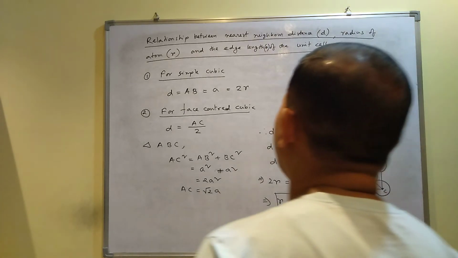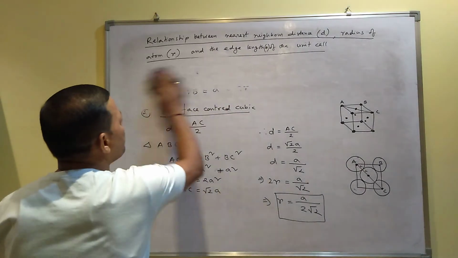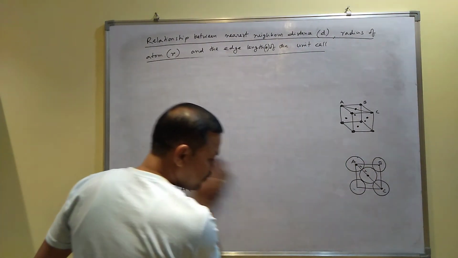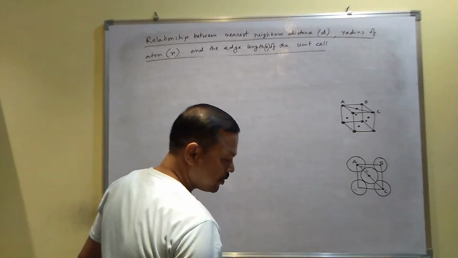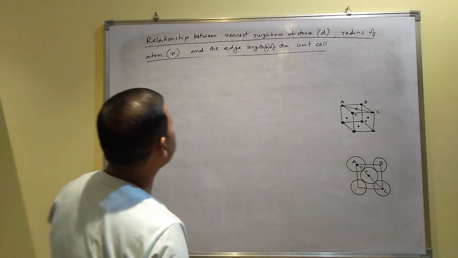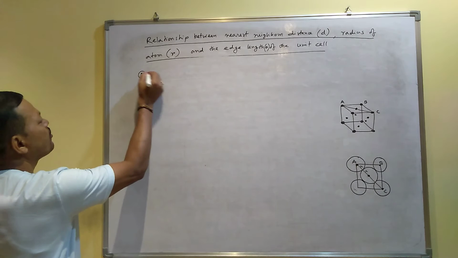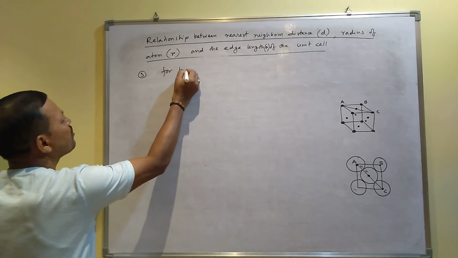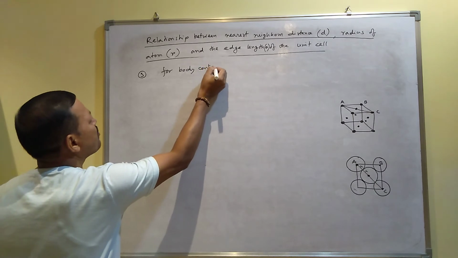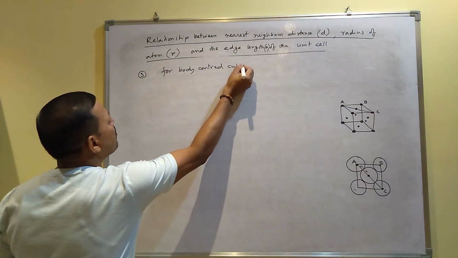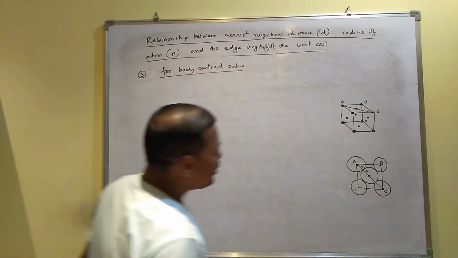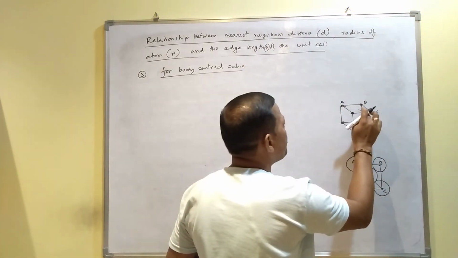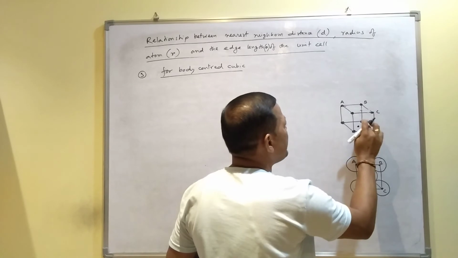Similarly, you can find the relation for body centered cubic also. If the unit cell is body centered, number 3, the unit cell is said to be body centered when the particles are present at the corners and at the center of the cube.